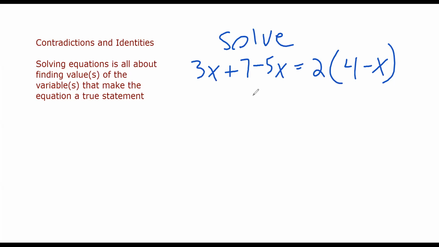Well, let's see here. What should we do first? What do you guys think? Yeah. We can distribute the 2. And then, so we can do that first. What else could we do? Is there anything else we could do maybe all at once?